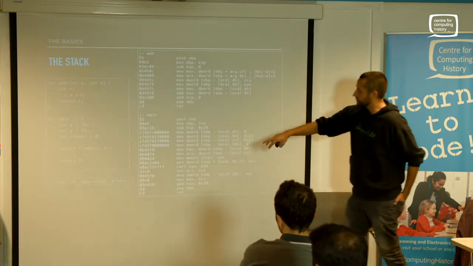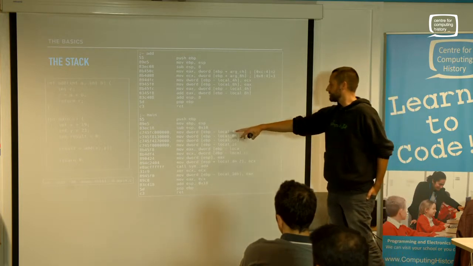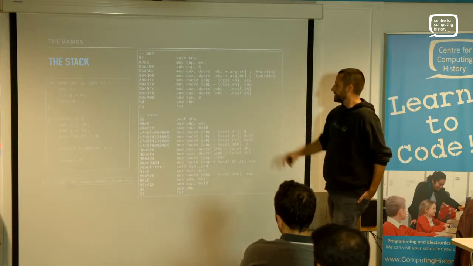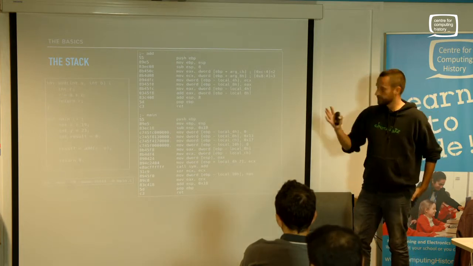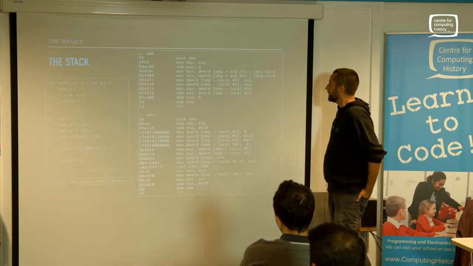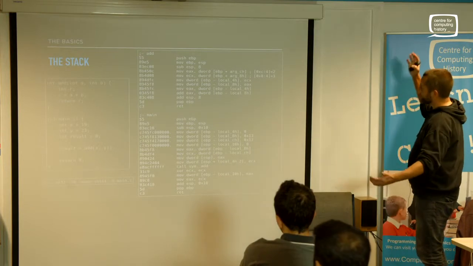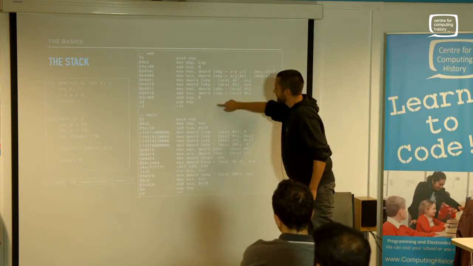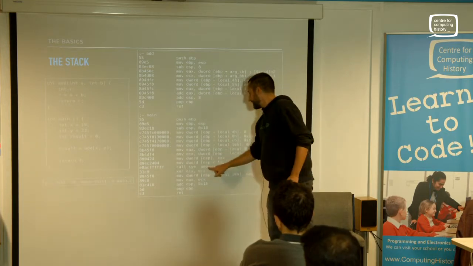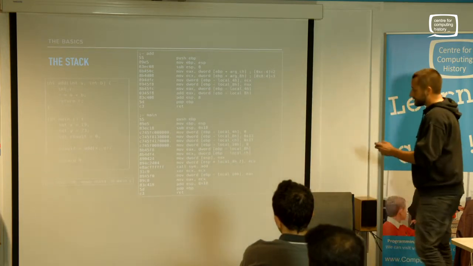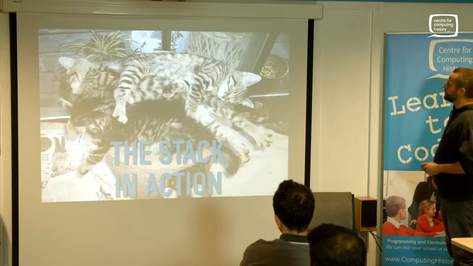So 32-bit architecture, no optimization, Intel assembly, -S basically tells the compiler to stop at the assembly point rather than carry on and do some compiling. And that's what comes out. So here's our add function, that's our main, and there's our call to sim add. So let's see what happens as we see the stack in action.